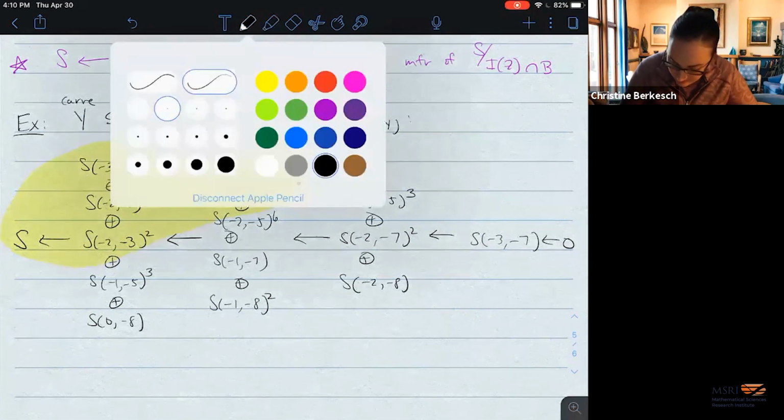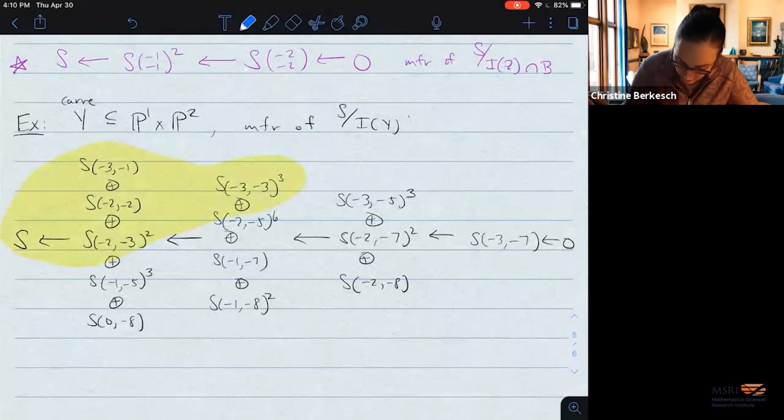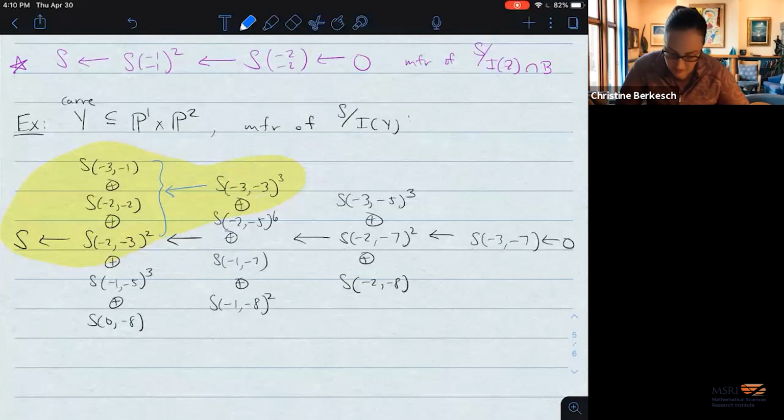If I just go from the single S minus 3, 3 of those here, I have this 4 by 3 matrix. This is actually a Hilbert-Burch complex that I get out of this example. So instead of having this huge free resolution, there's this really nice Hilbert-Burch complex that also geometrically describes my curve.